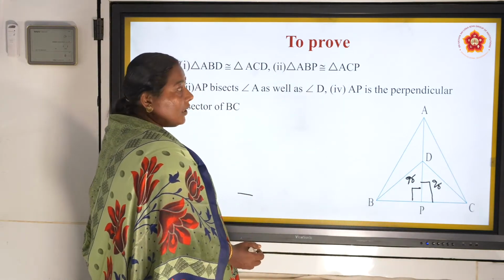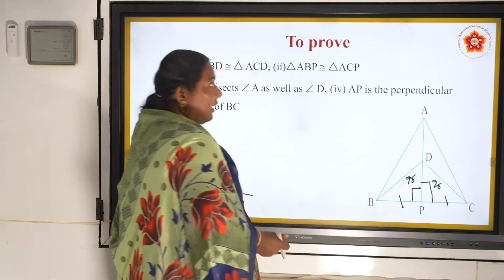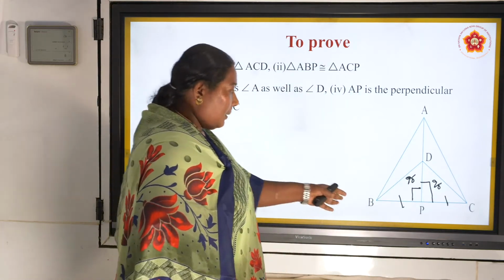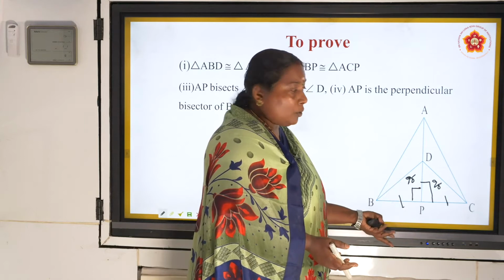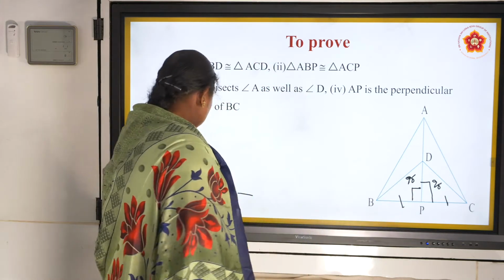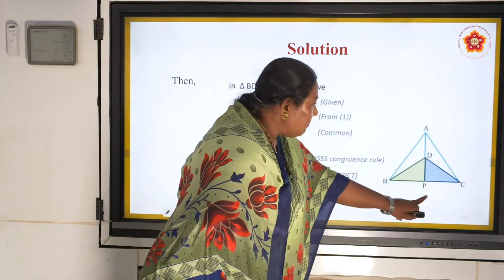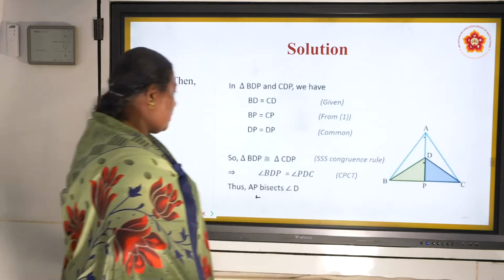That is for perpendicular. Bisector means BP should be equal to PC. That I have already proved, right? BP is equal to PC, I have already proved, and I just have to tell that this is 90, 90. We have shown that AP bisects D also and A also.